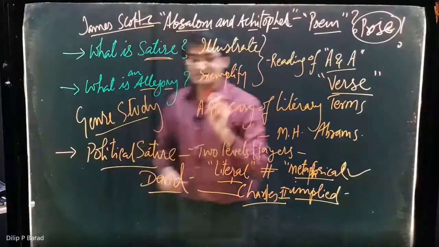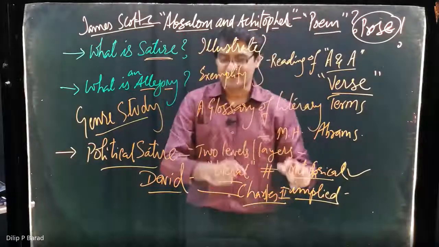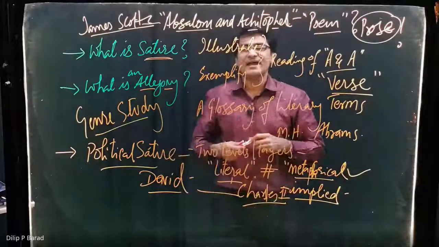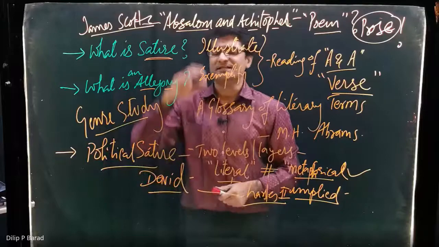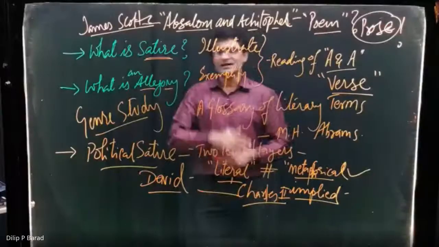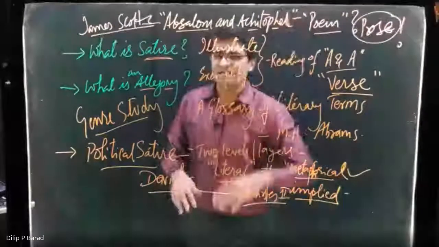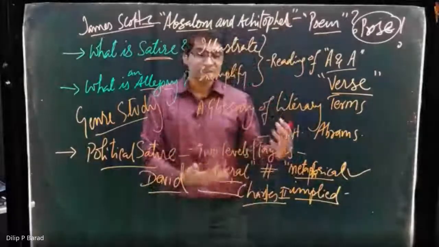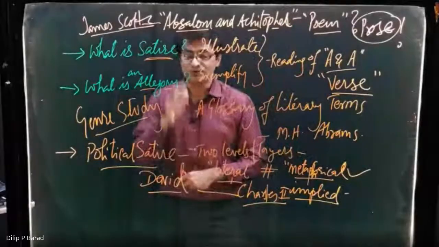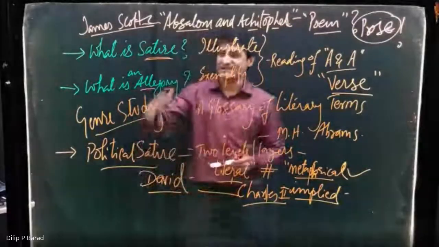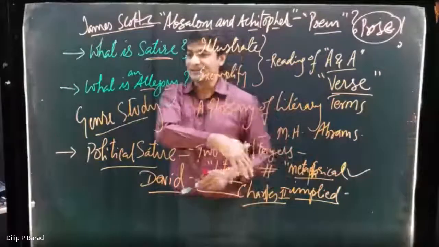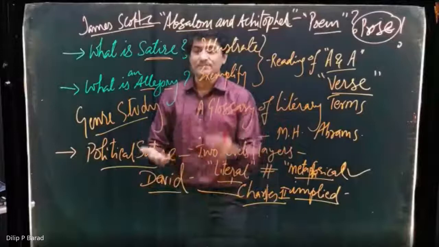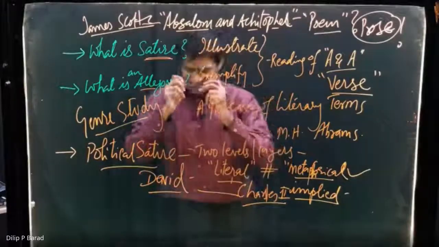So that is implied, and that is what we start reading. At one level, the entire poem is about David, his illegitimate son, his wife Michal, and his counselor Achitophel, and other things. At another level, these people are not important for us. What is important is Charles II, James Scott, the Earl of Shaftesbury, the Popish Plot, the execution. That is important. So that is why this allegory is read.